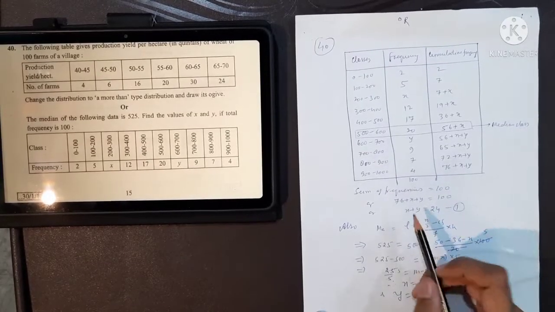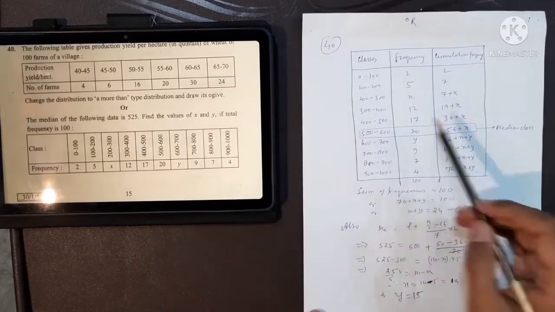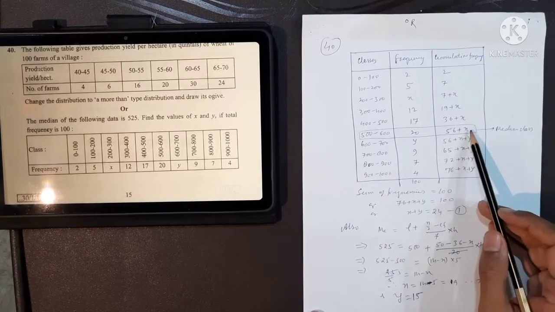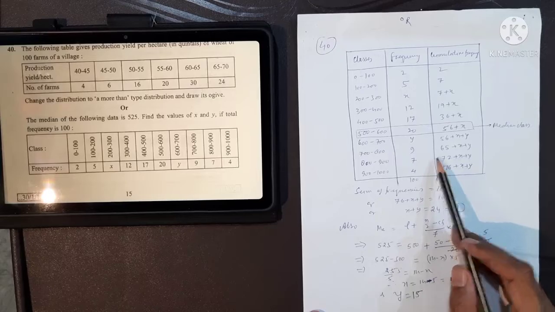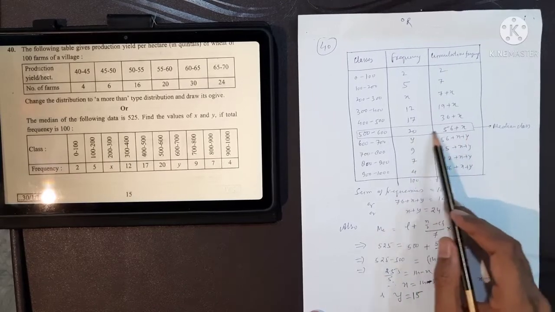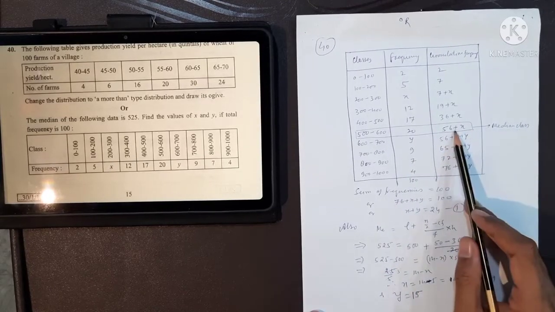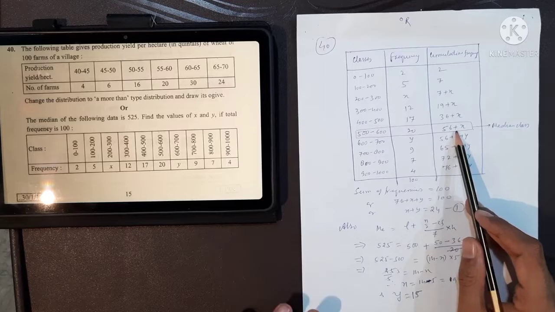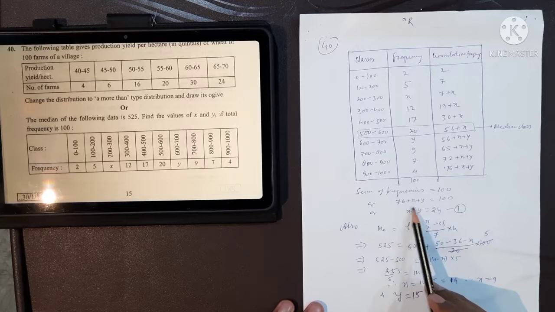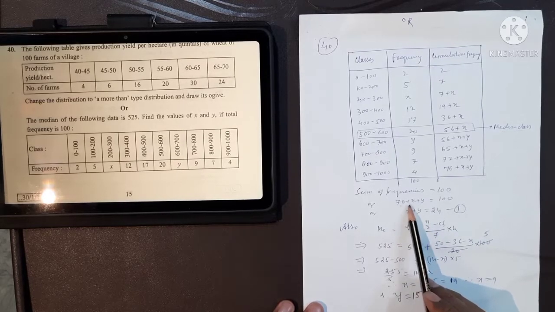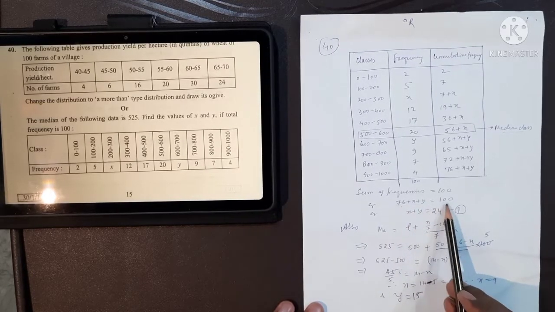Question number 40, or part. The median was already given as 525. So we tabulate it in this form, and we find that this is the median class, 56 plus x, and the sum of the frequencies is given as 100, or we can take 76 plus x plus y is equal to 100.